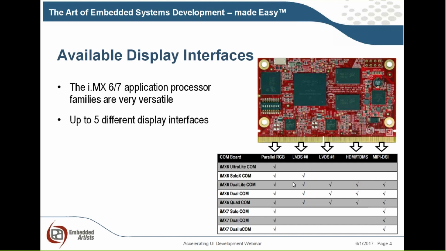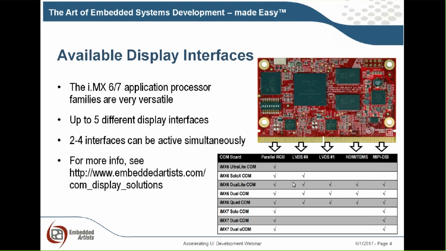Some of them actually give up to 5 different display interfaces. And 2 to 4 of these interfaces can be active simultaneously. And you can get a little bit more info about this and how they are implemented on our COM boards and so on via this URL.